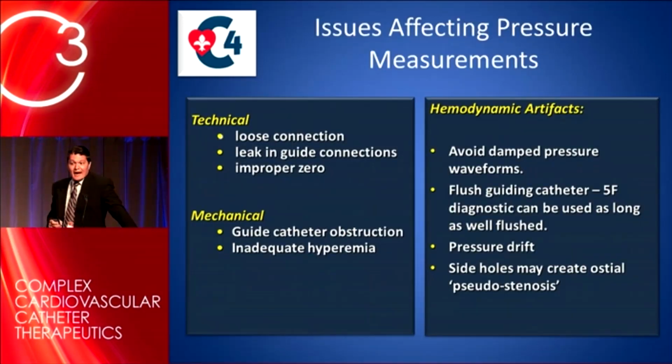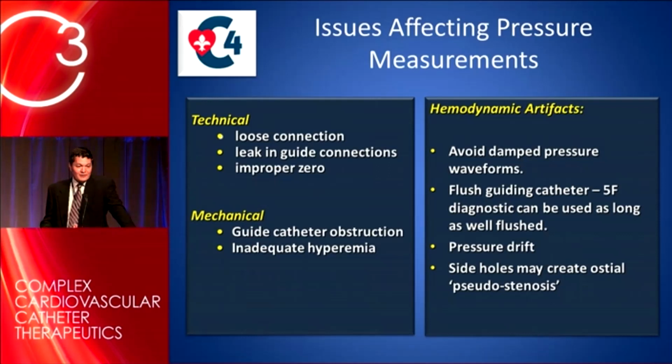With respect to the accurate measurement of pressure, there are technical and mechanical and hemodynamic artifacts that can get in the way of getting accurate pressure measurements. Of course, loose connections, leaks in the guiding catheter connections, and improper zeroing of your pressures within the catheterization lab, or improper equalization of your guide catheter pressure to your guide wire pressure, all will lead to false estimations of your fractional flow reserve.